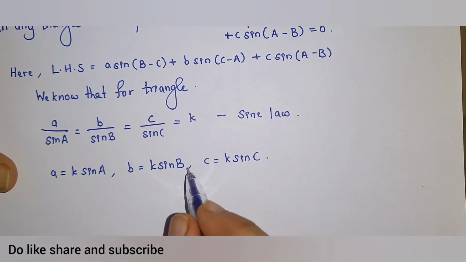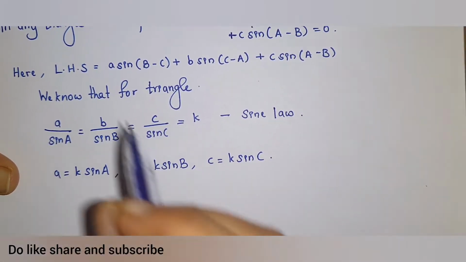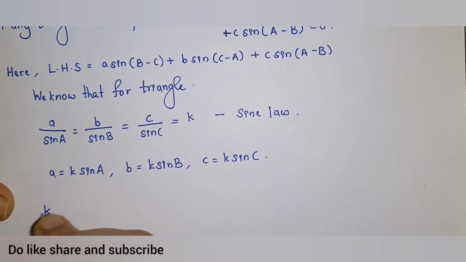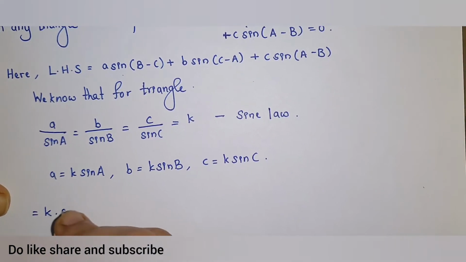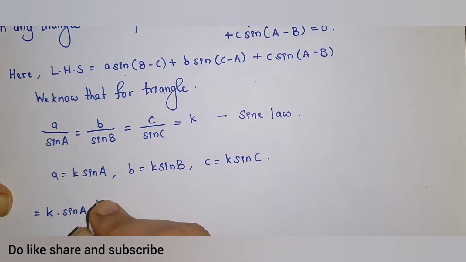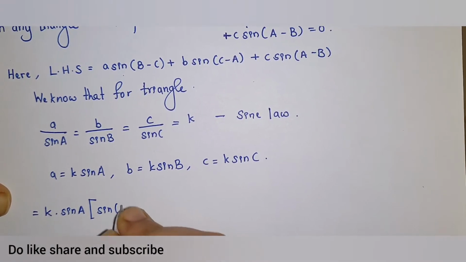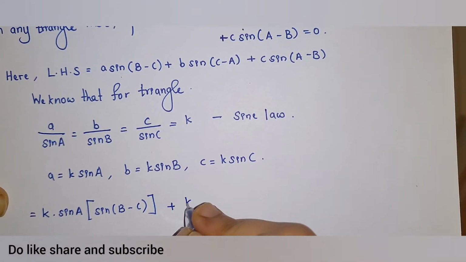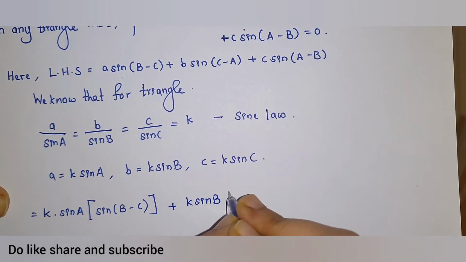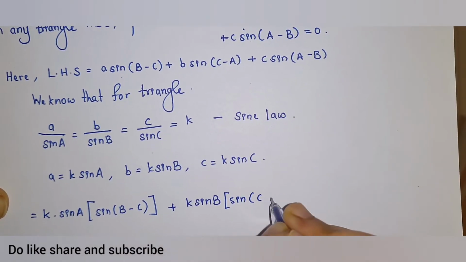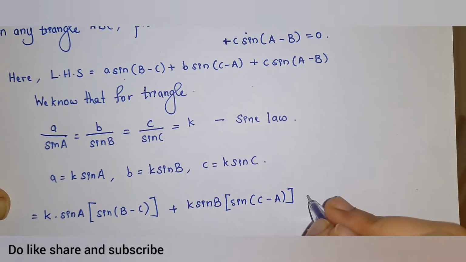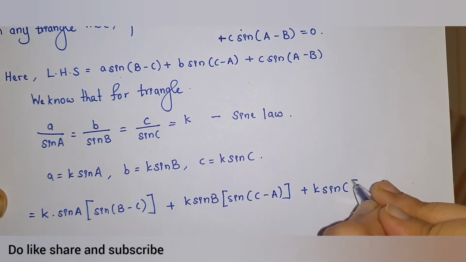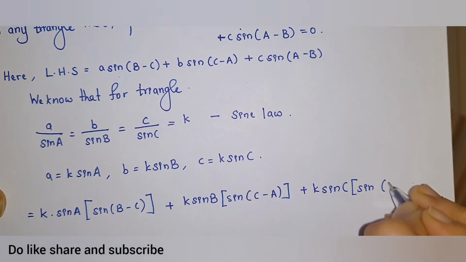Now we'll be substituting these values of a, b, c in this equation, and we'll be getting LHS is equal to k times sine of A into sine of (B minus C) plus k sine B into sine of (C minus A) plus k times sine of C into sine of (A minus B).